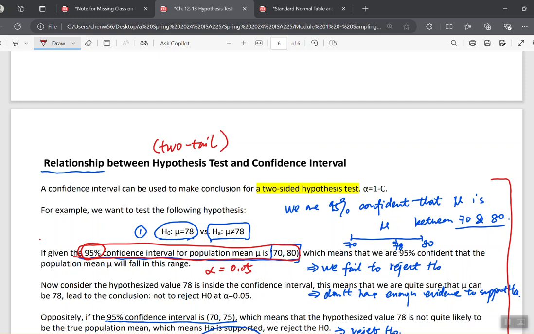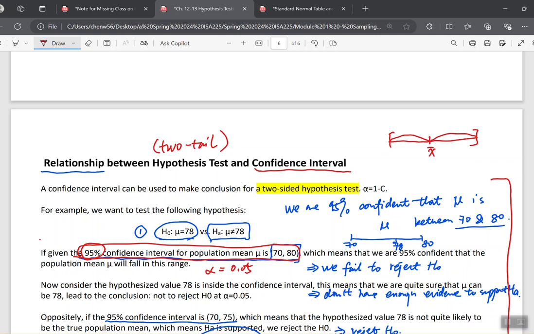Think about the confidence interval. You start with the sample mean. We allow the margin of error to the left and to the right so that we have a confidence interval. So actually you can consider a confidence interval as a two-sided thing or two-tailed thing, right?